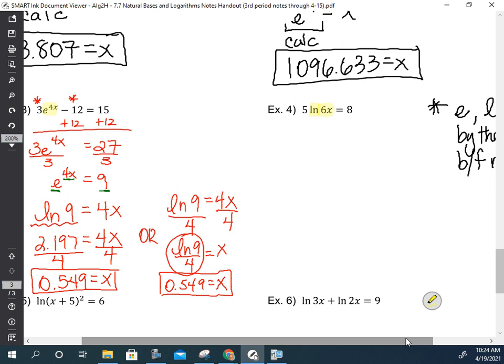Natural log of 6x has to be by itself before we can do a rewrite. So this 5 has to go. So divide by 5. So natural log of 6x equals 8 over 5.